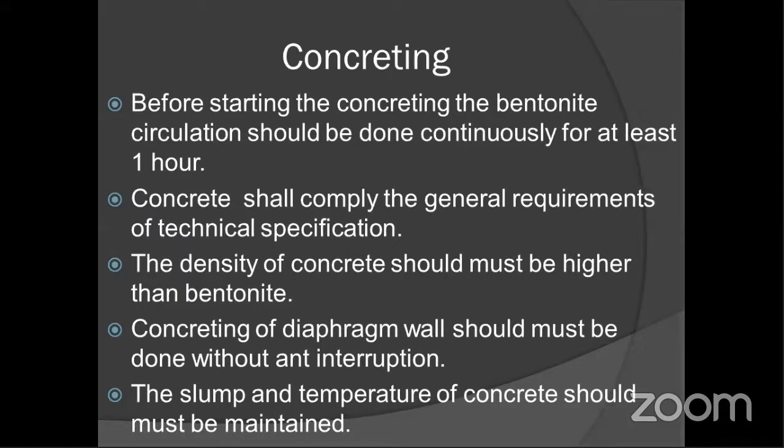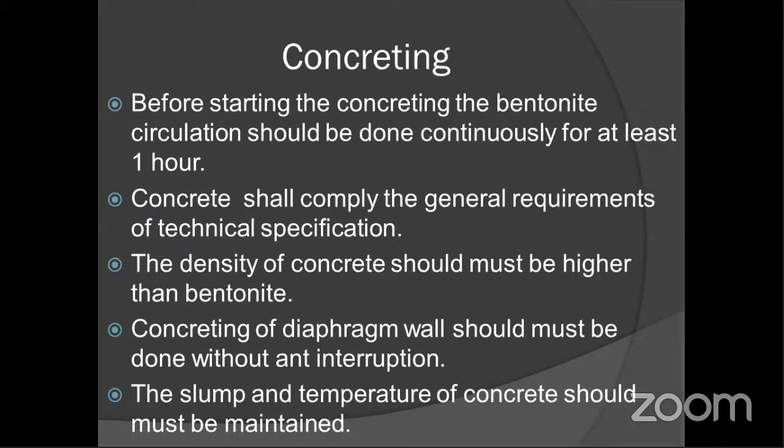The tremie pipes should be lowered up to the depth of the D wall. If we are going for 19.5 meter or 20-meter depth of the D wall, we should maintain a difference of 300 to 400 mm between the depth of the D wall and our tremie pipe.